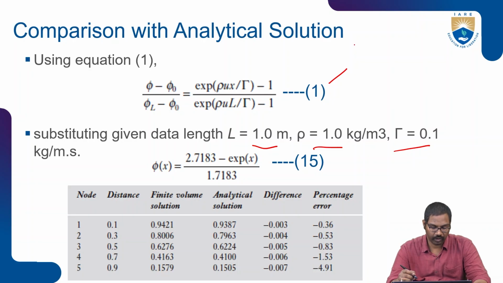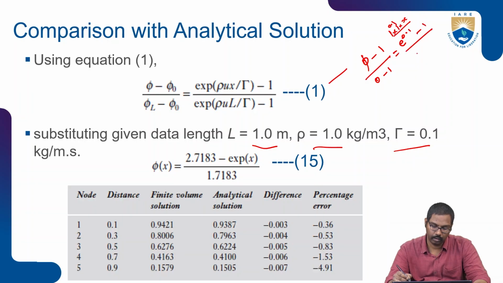If we substitute this, we know phi naught is 1, phi L is 0, so minus 1 equals exponential of rho u x, so 1 into 1 into x upon 0.1. Sorry, u is 0.1.